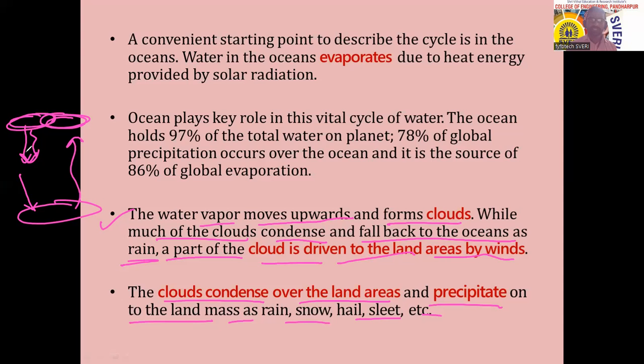This precipitation takes place in different forms, not only as raindrops: rain, snow, hail, sleet, and so on. Depending on the form of the water, there are different terms. Precipitation occurs on the land in the form of these.